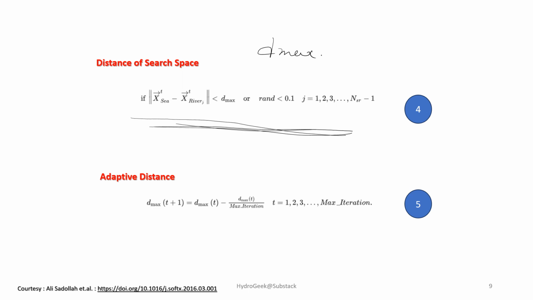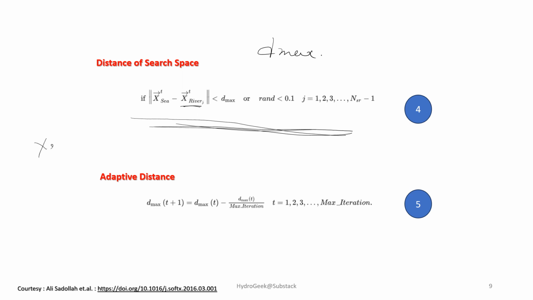And what is Dmax? Dmax is the value of x which has generated the minimum value of y in the current iteration minus the value of x which generated the next best value of y. So these two differences, as there are 3, you have to check 3 times because river is 3, note down.